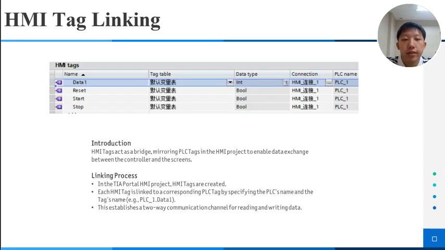Each button and display element on the HMI screen is associated with an HMI tag, which is then linked to the corresponding PLC tag we defined earlier, like data1, start, stop, and reset. This linking process is critical for the HMI to send commands to and receive data from the PLC.